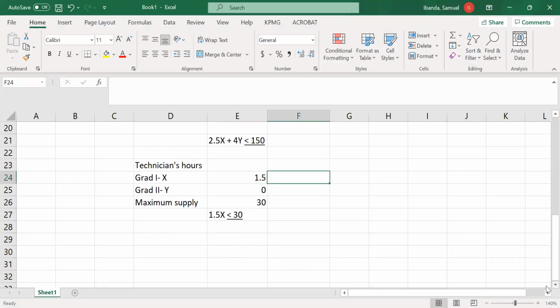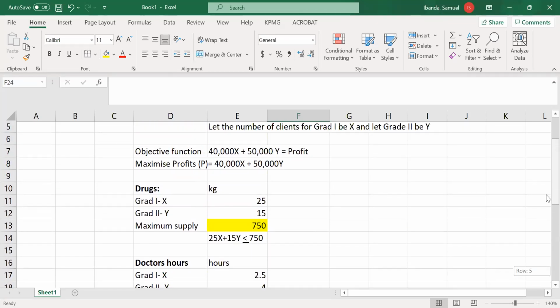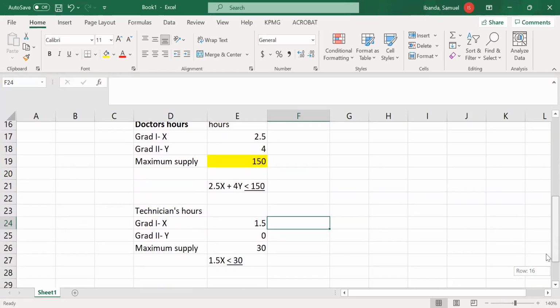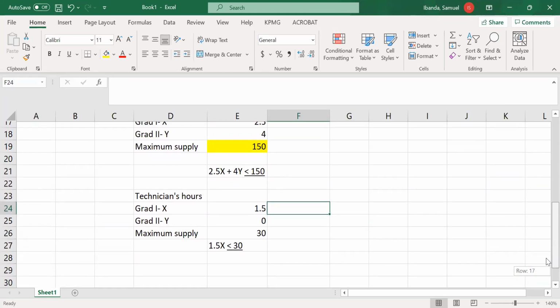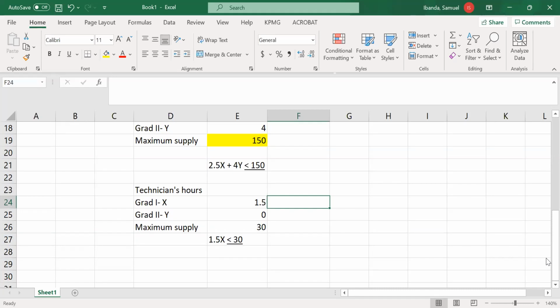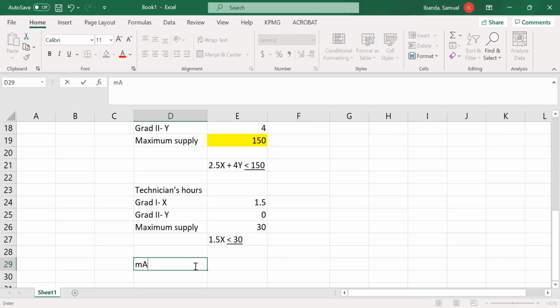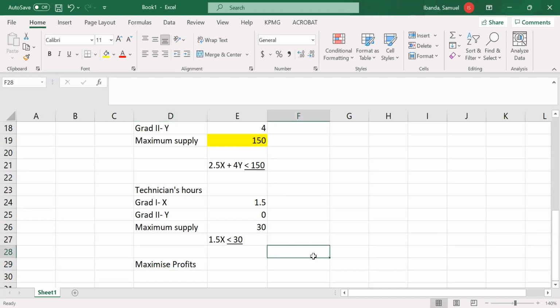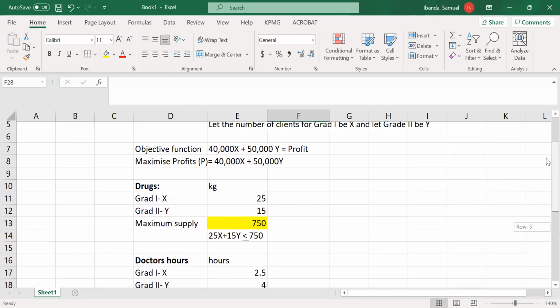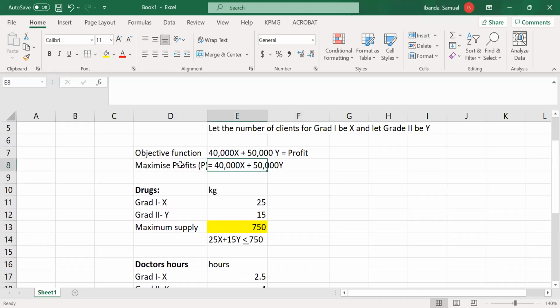After determining our functions, we want to arrange them and then determine our different X and Y. Basically, what we are trying to do is maximize profits. So this is the function: maximize our profits.